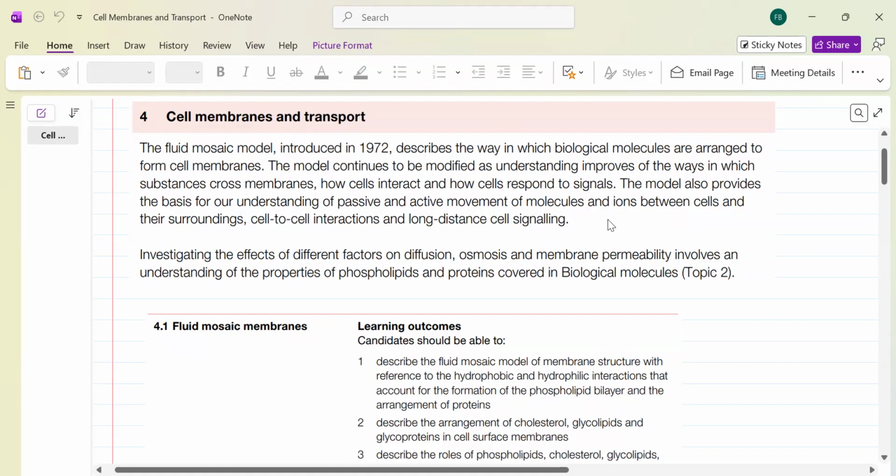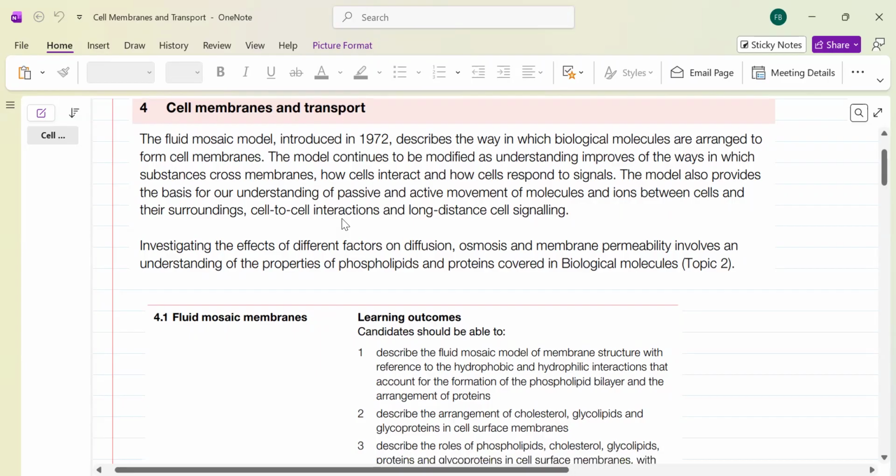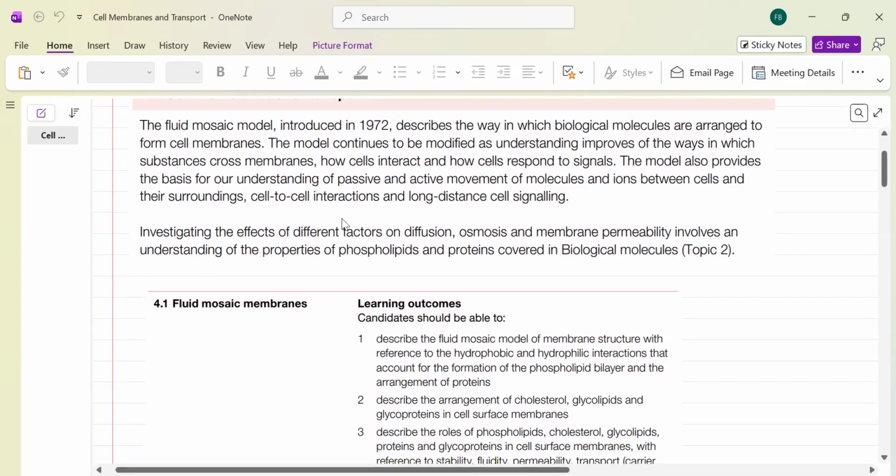In this chapter, we will discuss how different biological molecules like glycoproteins, glycolipids, cholesterol, and integral proteins are arranged in the cell membrane. And then we will discuss how the model continued to be modified. We will discuss in detail what the modifications are, what cell signaling is, all these things.